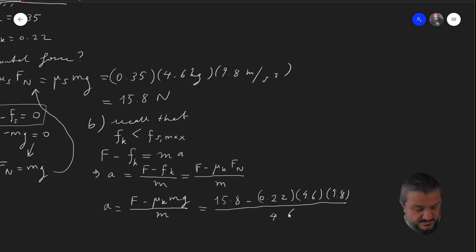So 15.8 minus 0.22 times 4.6 times 9.8, divide this by 4.6, 1.27 goes like that, so 1.3 meters per second squared. Okay, so you can find the acceleration but not the velocity. If it was something like what will be the velocity after 10 seconds, then yeah, you could find it. But unless you have that information, you can't find the velocity which is changing.